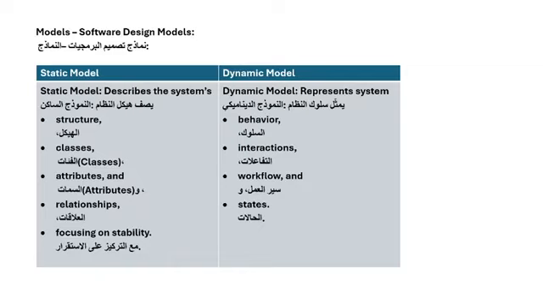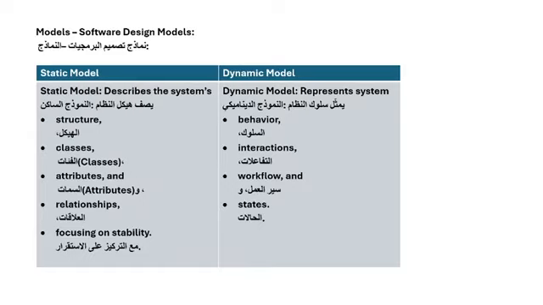In part two, I will be showing you examples and tools, methods, and techniques for how to come up with a static model and then the dynamic model. But in this lecture, I'm just describing what the static model and the dynamic model are. The second part I will be recording later on, and that will be focusing on those models.